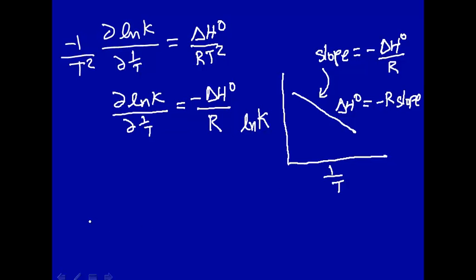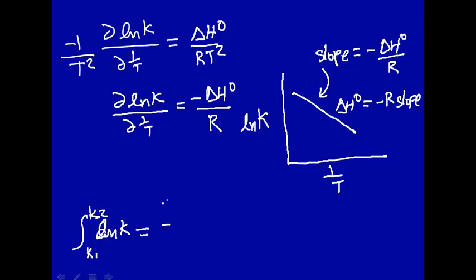Let's integrate both sides of this. So we'll multiply by 1 over T. Let's integrate ln K going from K1 to K2, initial and final state.